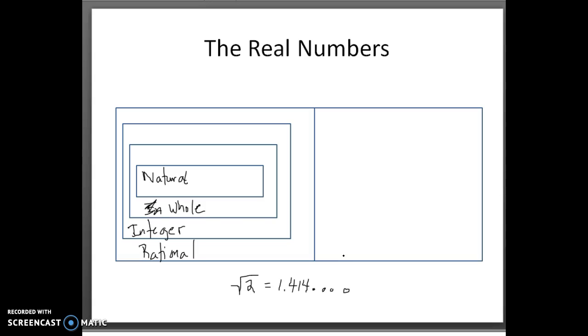So we were talking about the fact that if we use the operation of square root, we end up with numbers that are not able to fit into any of these nice boxes, okay? Because rational numbers can all be written as fractions, and when those fractions are turned into decimals, they either repeat or they terminate.